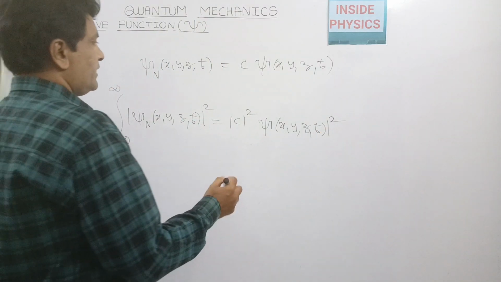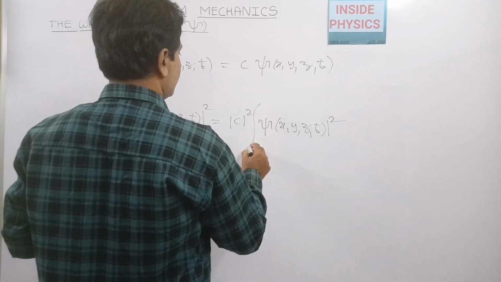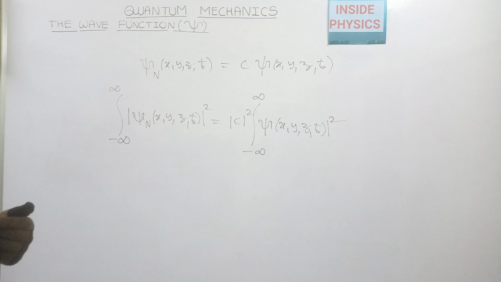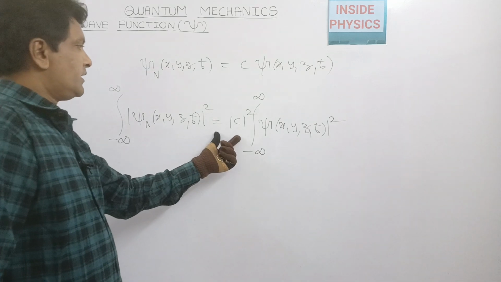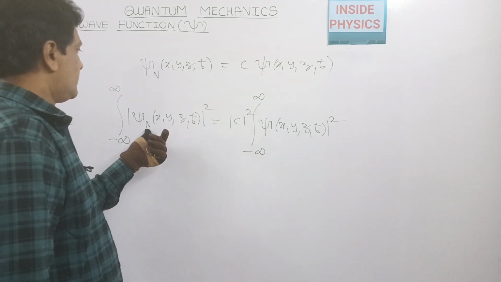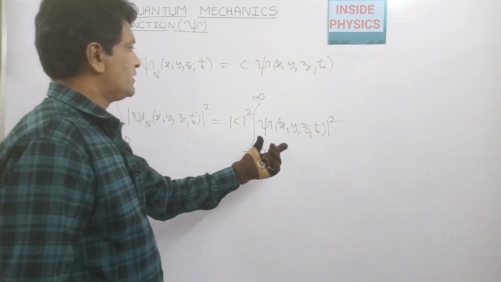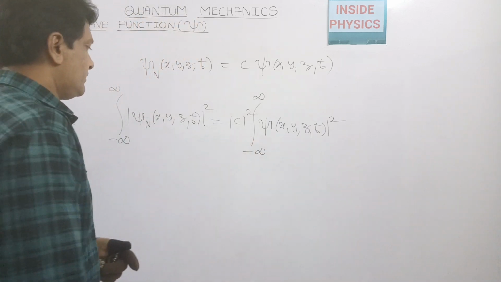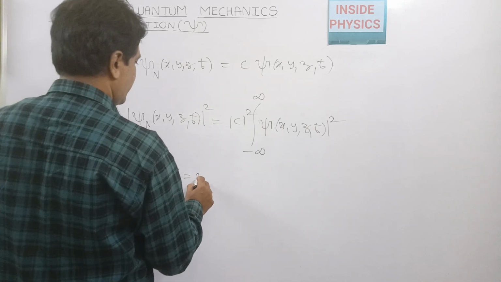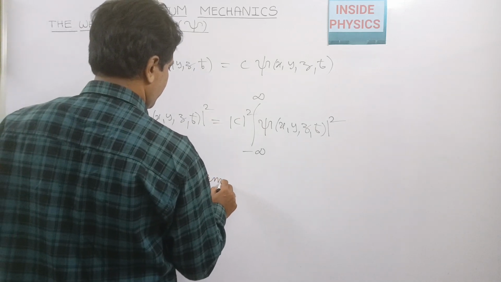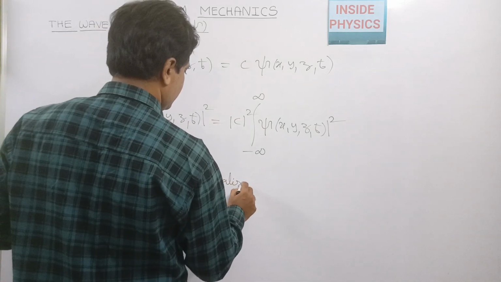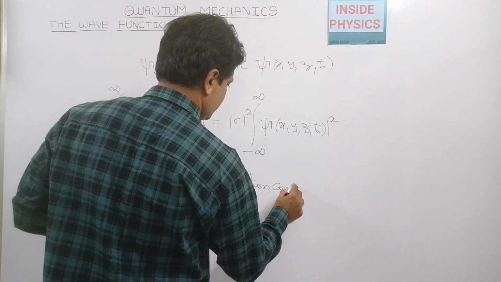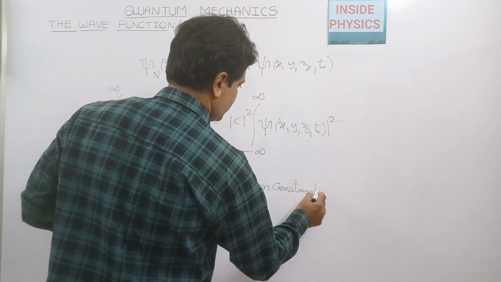Here also we apply the limits minus infinity to infinity. So if you observe, this is the normalized wave function, and this is c square. This c is called the normalization constant.